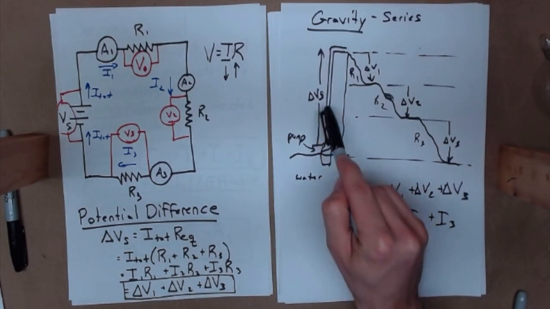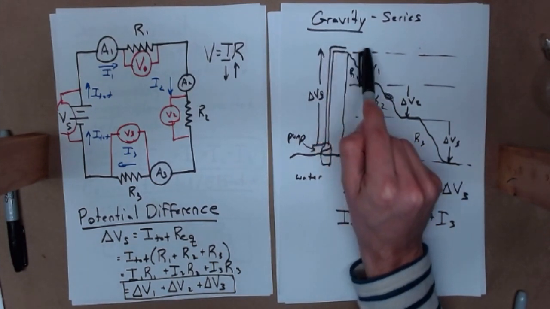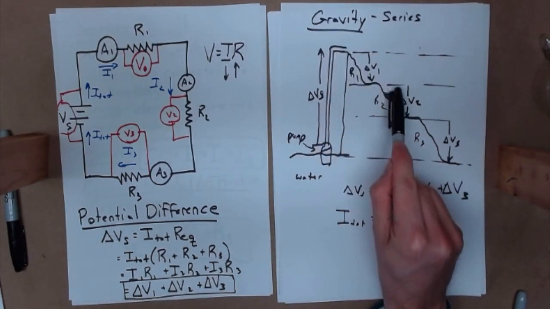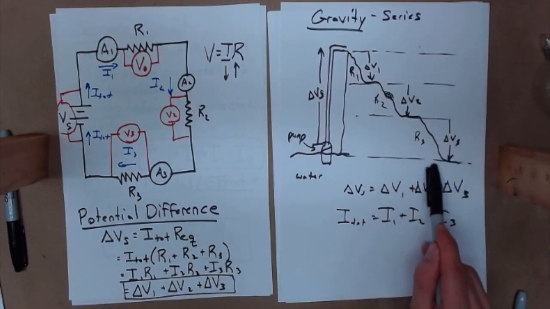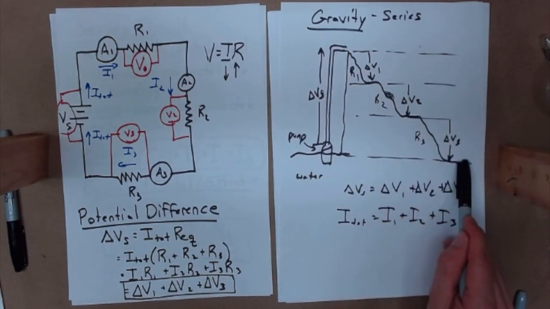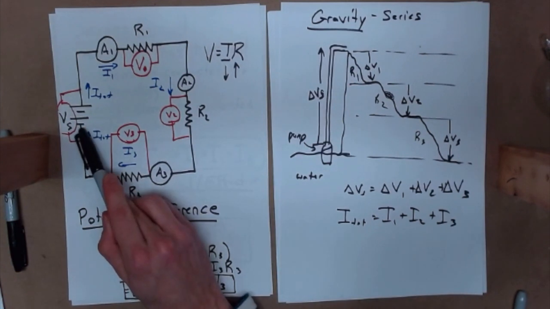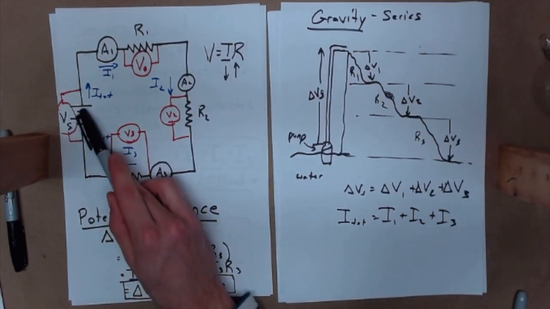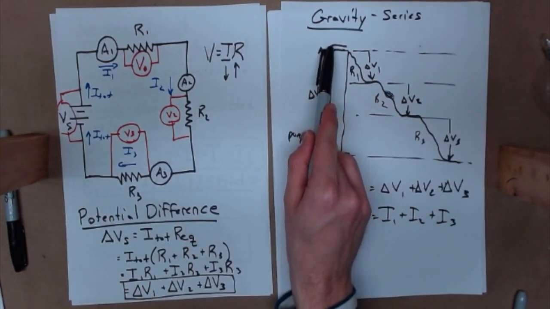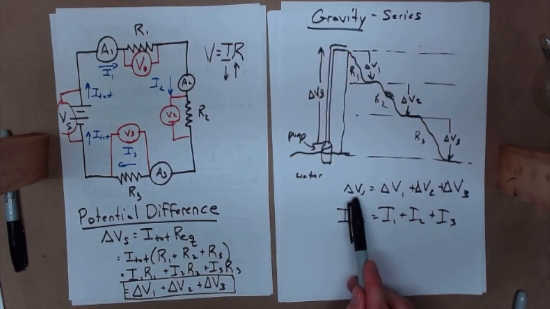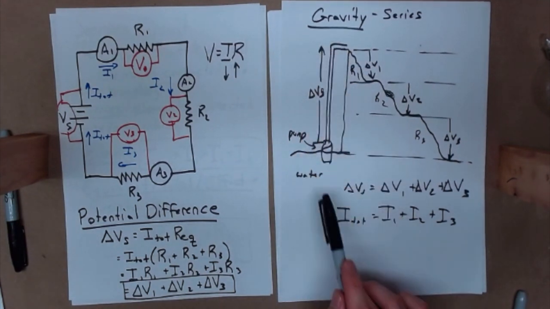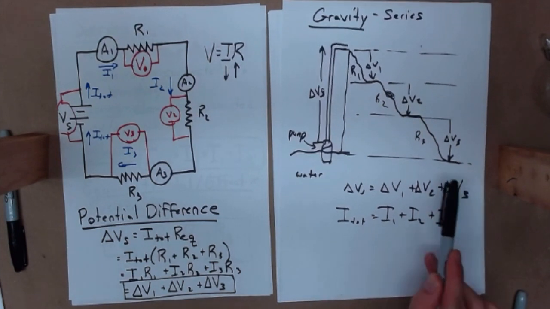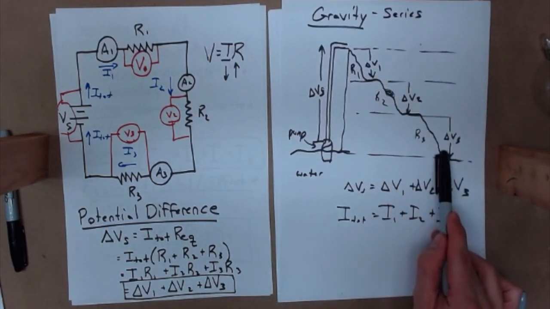The battery or the pump lifts up the potential energy. As it goes down each resistor, it drops, and then it drops, and then it drops, eventually ending at that low potential, after the battery picks it up to the high potential, right? So we can see that the total potential energy gained by the pump or the battery is equal to the sum of the potential difference lost by each element in the circuit.